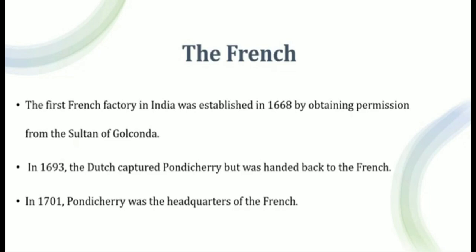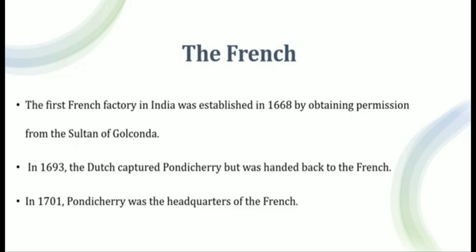Tarangambar was the headquarters of the Danes in India. They failed to strengthen themselves in India, and in 1845 were forced to sell all their Indian settlements to the British.